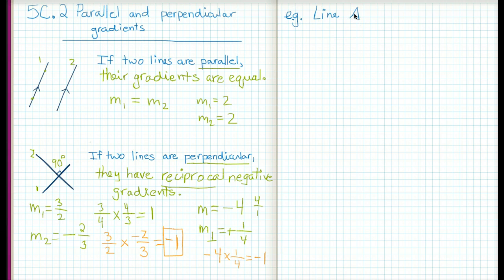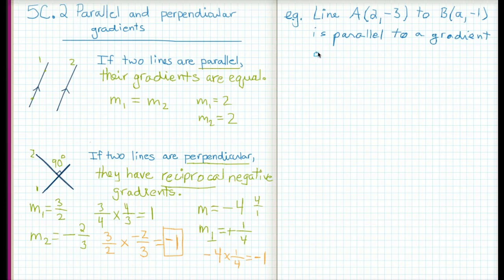So a line joining point A, which is 2, -3, to point B, let's call it a, -1, and say that it's parallel to a gradient of -2. Changed colors on me, sorry about that, of -2. And we're going to use that to find a.